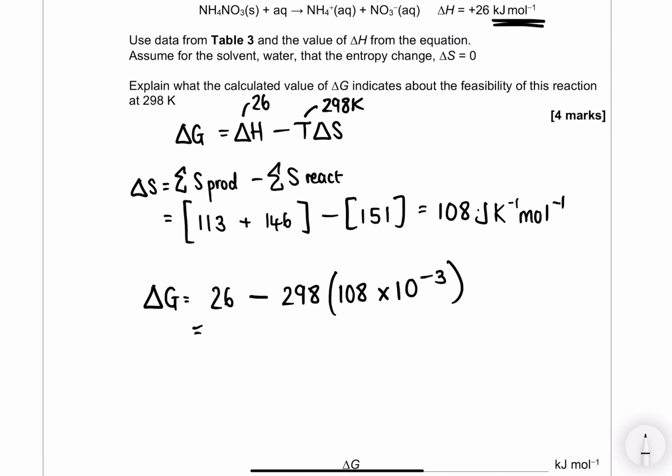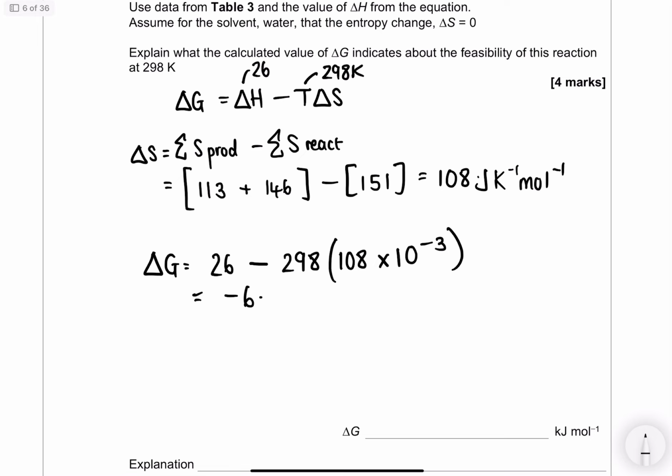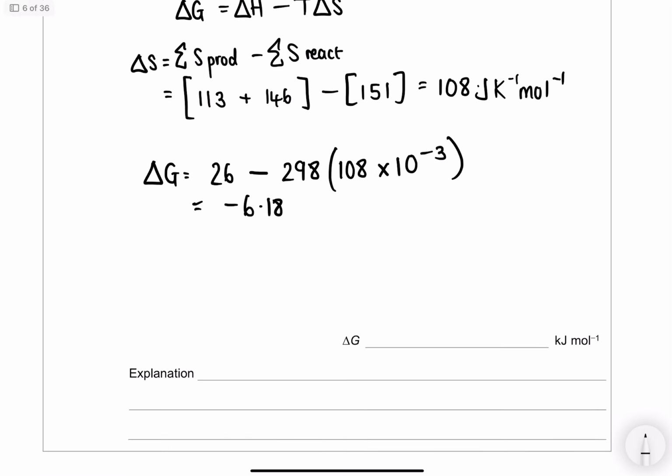Typing that on our calculator, so 26 minus 298 times by 108 times 10 to the minus 3, that's the divide by 1,000 step. That's going to come out on my calculator as minus 6.18. So delta G is minus 6.18.